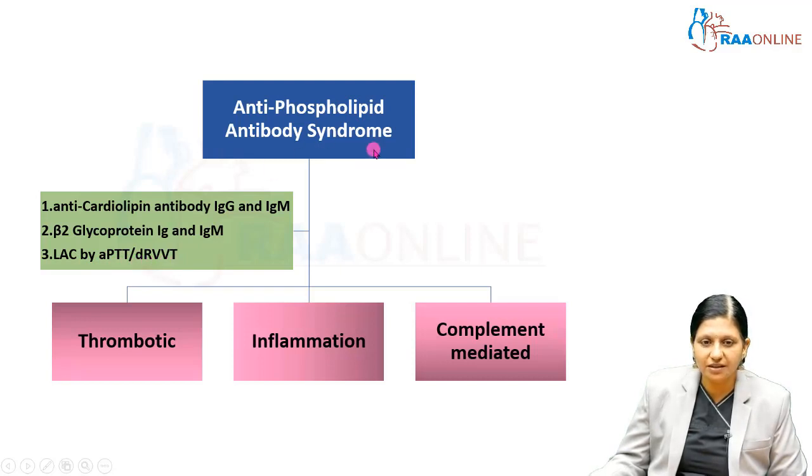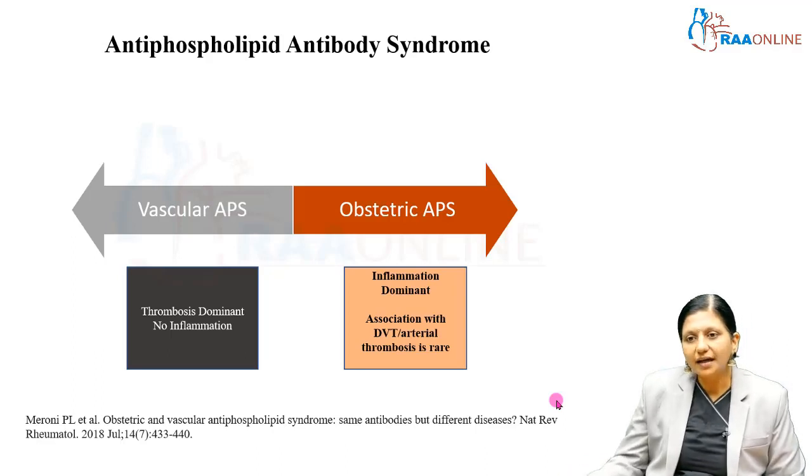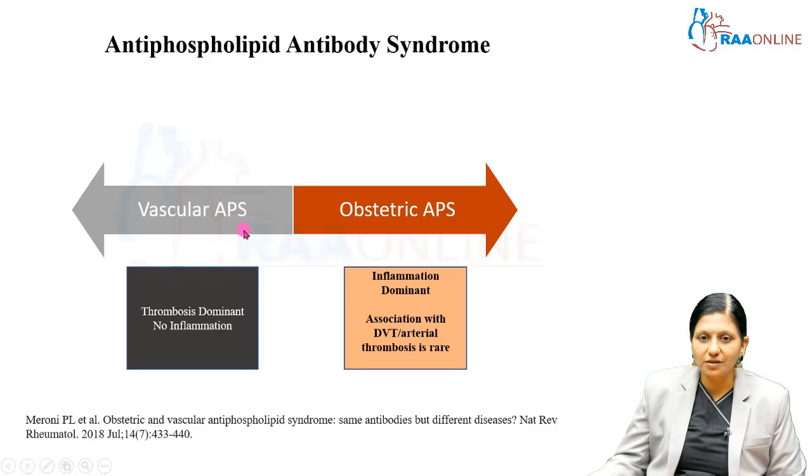Now, antiphospholipid syndrome is of three varieties. It can be a thrombotic variety, it can be an inflammatory variety, or it can be a complement-mediated subvariant. Antiphospholipid antibody syndromes occur in obstetrical antiphospholipid antibody syndromes and in the vascular or the medical antiphospholipid antibody syndrome. Now, the medical antiphospholipid antibody syndrome is mostly thrombosis dominated and there is no inflammation.